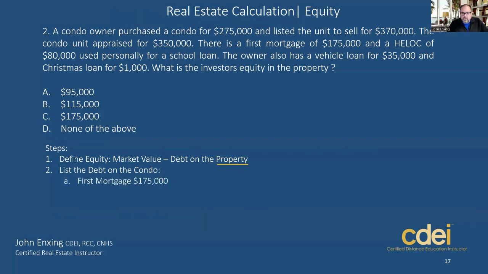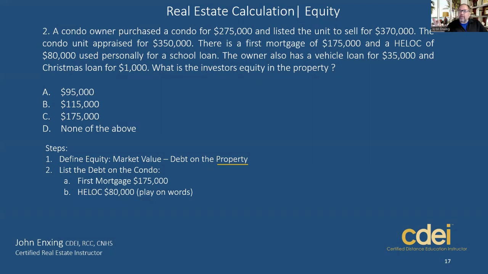The first one is a mortgage. I still have a balance, a payoff of $175,000. That's my first debt. My next one is a home equity line of credit. And you say, well, John, that was used personally. Isn't that like a car loan or a Christmas loan? Yes, it could be, but they borrowed against the property.